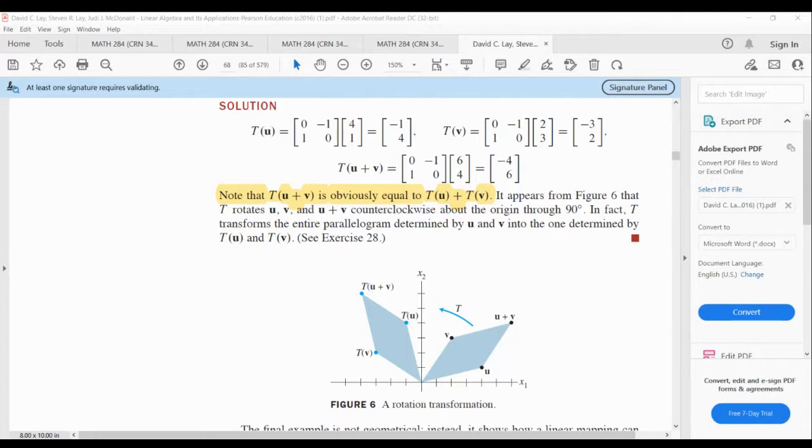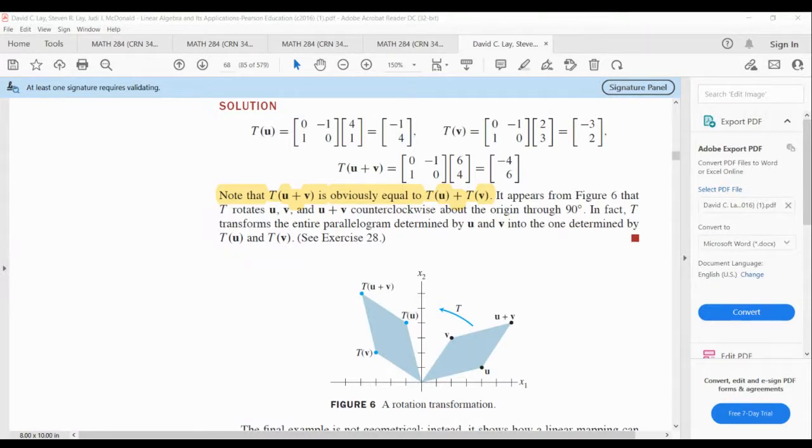If you look at the vector u in that picture, and look at the vector T of u, what's the angle between the vector u and the vector T of u in example 5, figure 6, I should say? What's the angle look to be? Yeah, 90 degrees. That's right, Mikhail. Pi over 2, good.